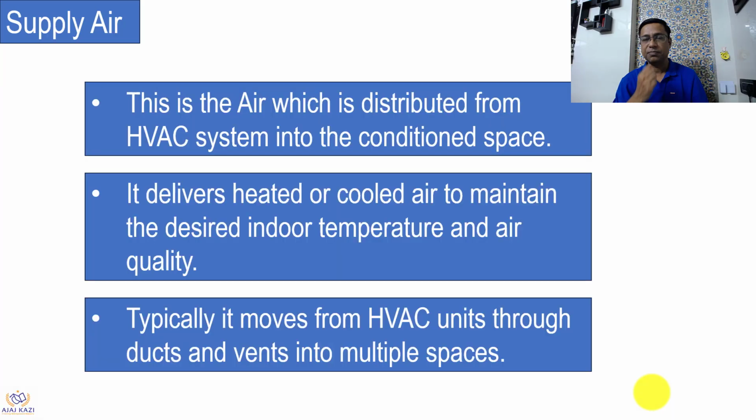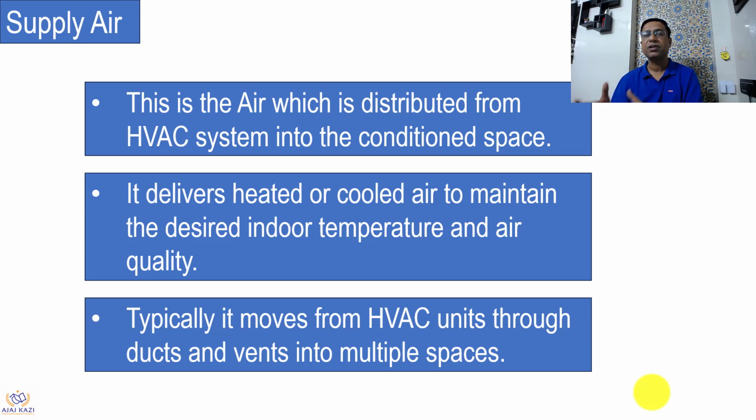So let's start with the first important element, called supply air. This is the air which is distributed from the HVAC system into the area which is supposed to be conditioned. It delivers either heated air or cooled air. Most of the time in India it is cooled air of desired temperature and air quality.